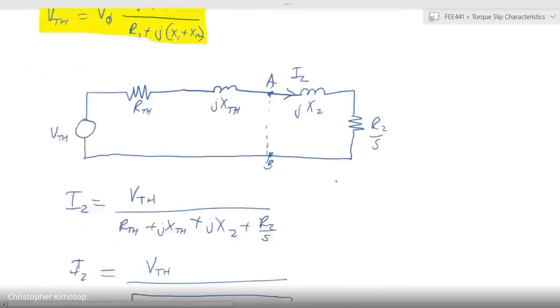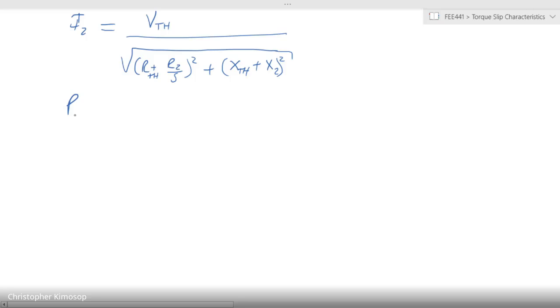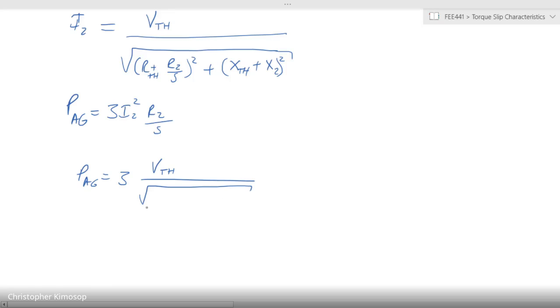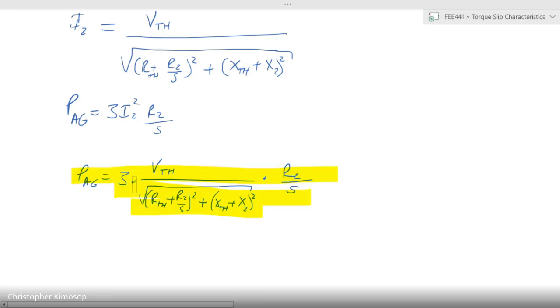Okay, so let's substitute I2 into that equation, which is 3I2 squared R2 over S, which then becomes 3 times V Thevenin over all of that times R2 over S. Okay, and this becomes yet another of these key expressions that we will need to keep an eye on, as one of the key expressions that we'll work with.